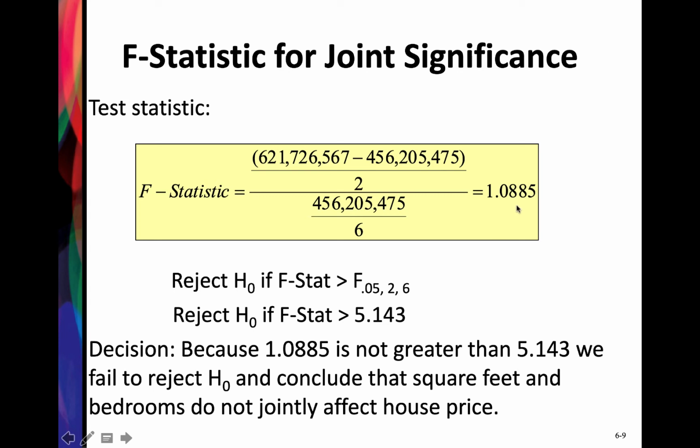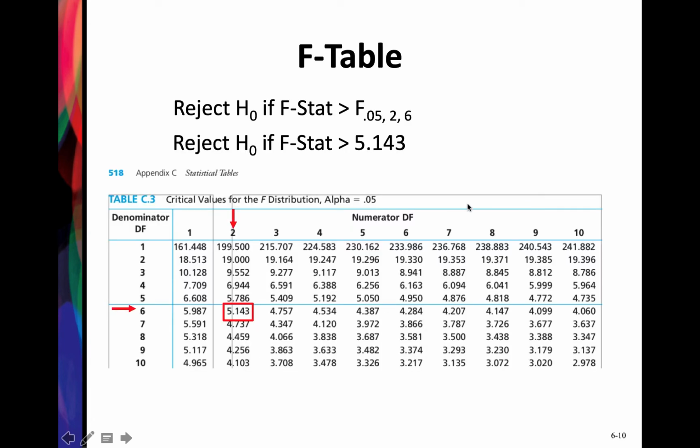So we're going to reject H naught if our F stat, this test statistic, this number right here, is greater than this critical value or this number here. So we need to figure out how to get that number. Here we go. This is the F table. I took a screenshot from the tables that I have posted under the assignments tab in Blackboard.